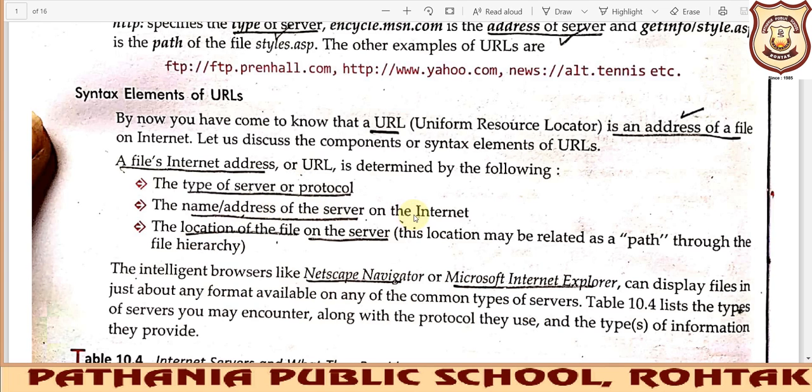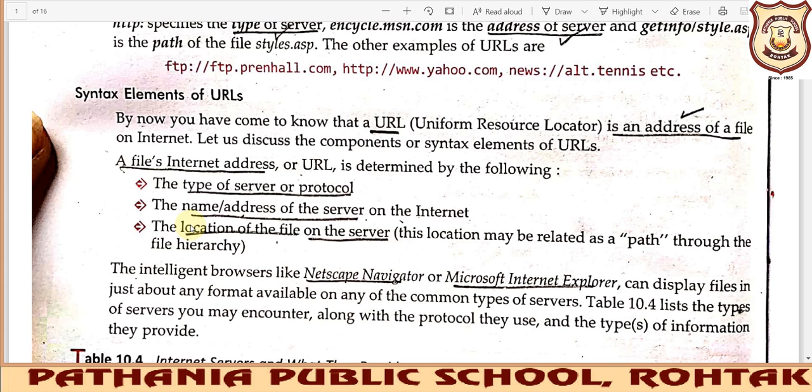Like we will write Google, Microsoft, Yahoo. Then the location of the file on that server, meaning the path that is required to locate that particular resource on the computer. Like you want to open the syllabus of class 12 on the CBSE website.